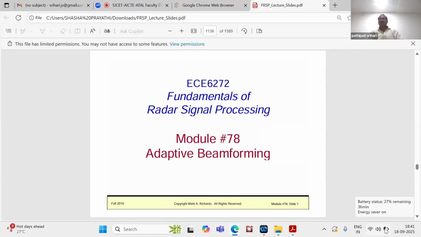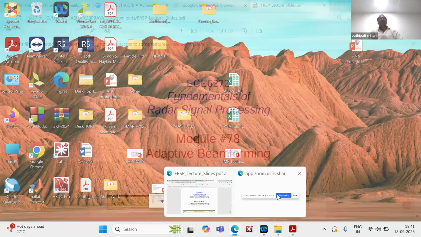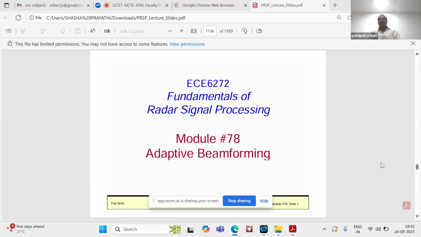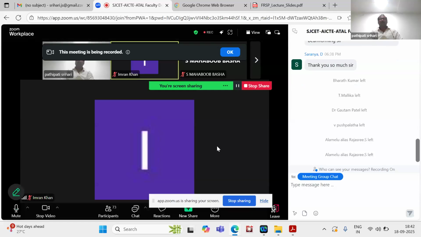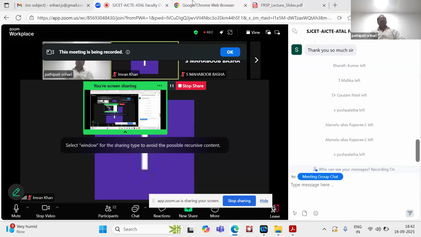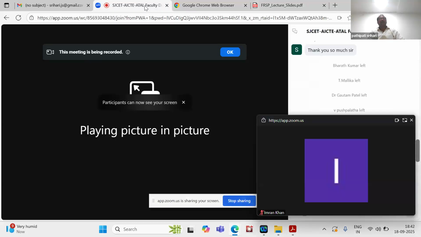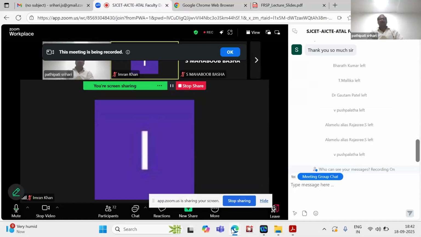Just trying to go into the tab. I'm unable to. The full screen mode I can come only with the help of... One minute. Let me go back to my original presentation screen.